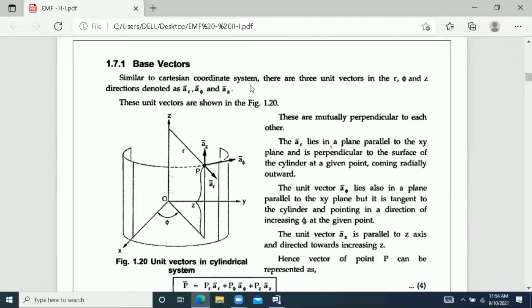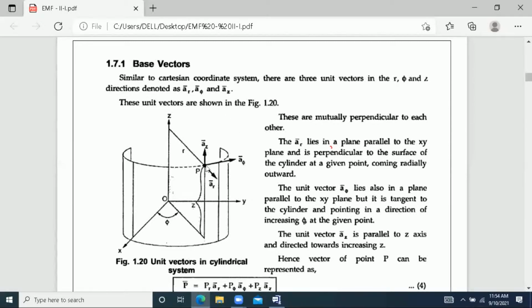Similar to the Cartesian coordinate system, there are 3 unit vectors in the R, phi, and Z direction denoted by AR, A phi, and AZ. So here you are. The AR coming this way from the origin. The A phi going that way. Here, A phi going that way. And the AZ going that way.